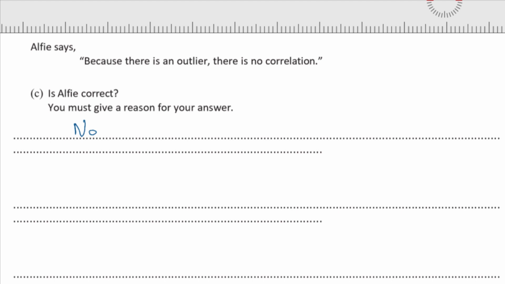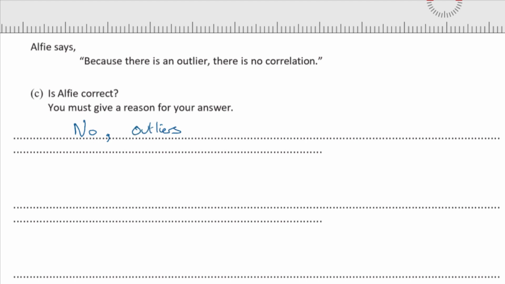So I think it was high, wasn't it? So it was too high compared to the number of cars. So it might have just been a really still day with no wind, and everything was just sitting in one place. So there might be 101 reasons why you might get an outlier. So just because you've got one doesn't mean you don't have correlation. All the other points fit in a nice neat pattern. So I'm going to go with that. So I'm going to say no.